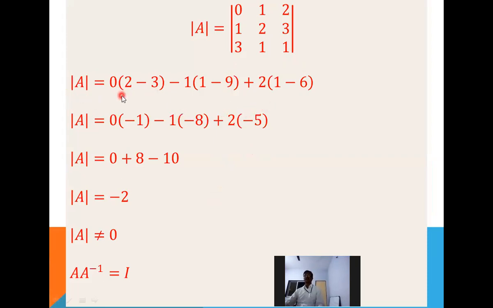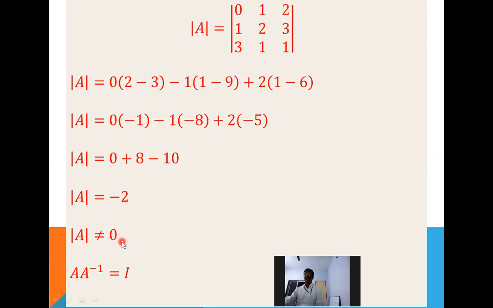So I solve this determinant, and this determinant is equal to -2, and the determinant of this square matrix is -2. So this is not equal to 0, and therefore the matrix is invertible.